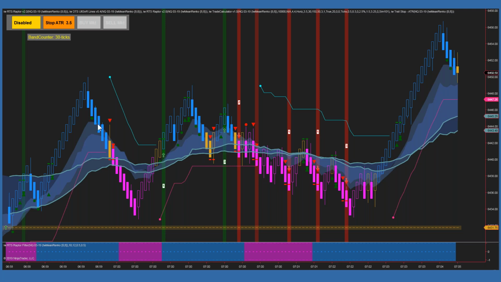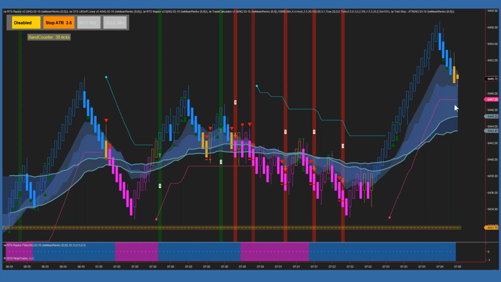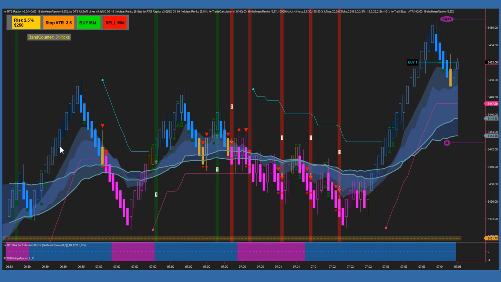So the clouds have crossed. We're out of the sideways chop now. Had a little bit of a rally. Here comes the pullback. The next signal that prints will be a number 1 signal, so we can get ready for that.